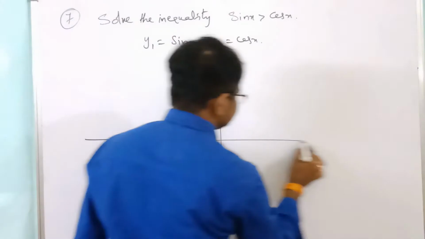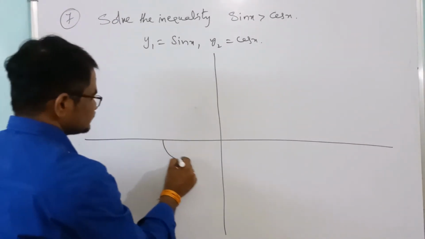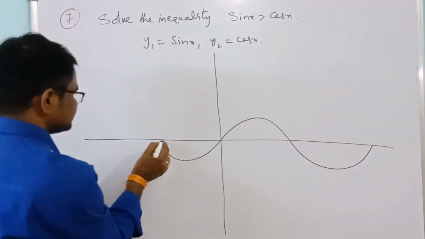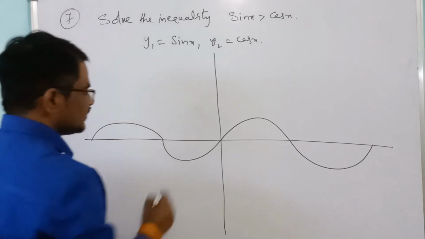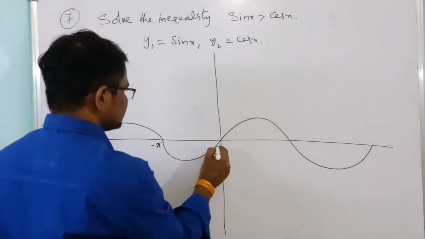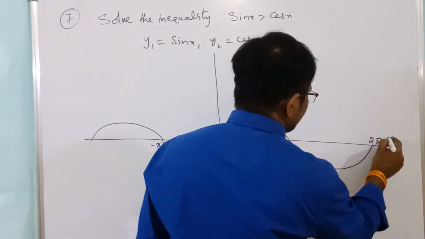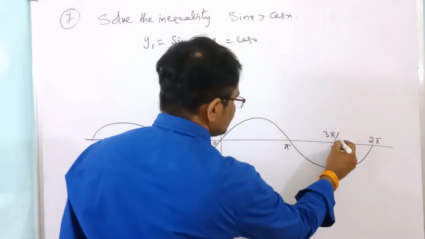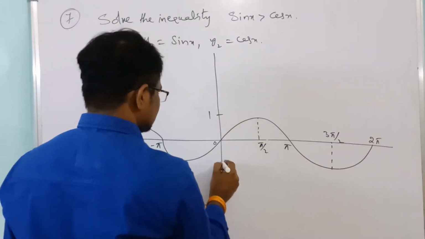That is, see here. This is the sin x graph, right? So here minus pi, here 0, plus pi, here 2 pi, here 3 pi by 2, here pi by 2, here 1, minus 1.